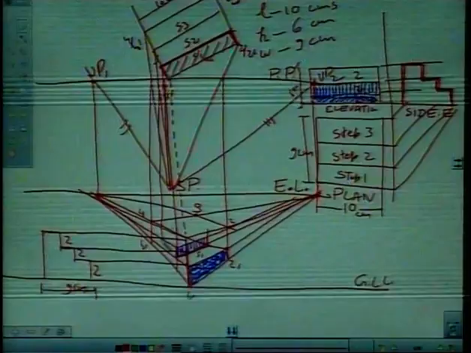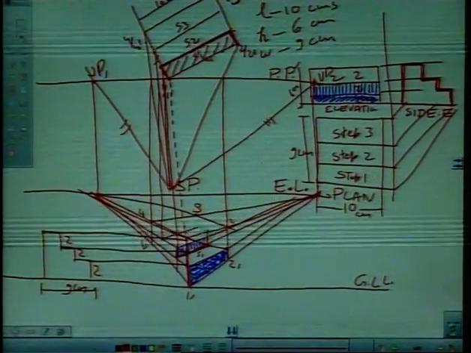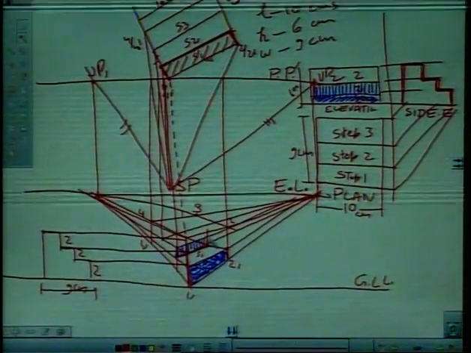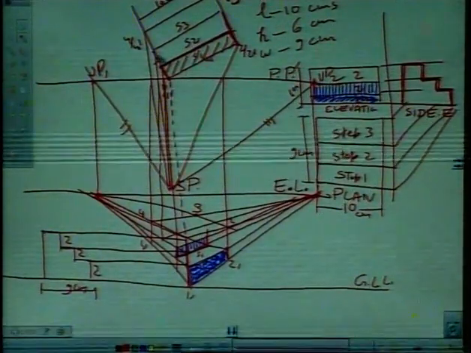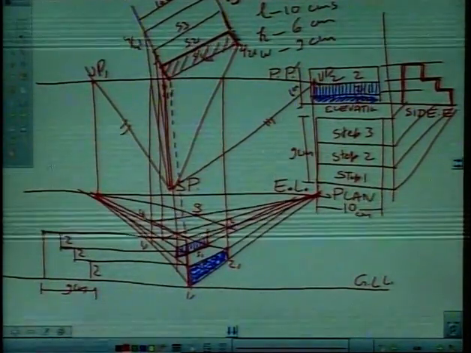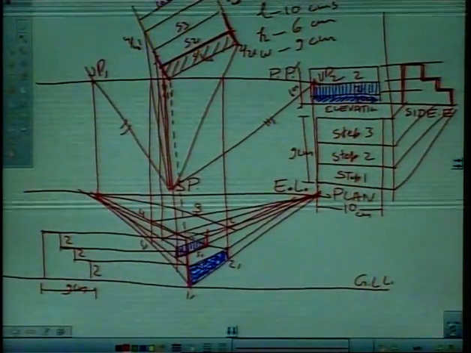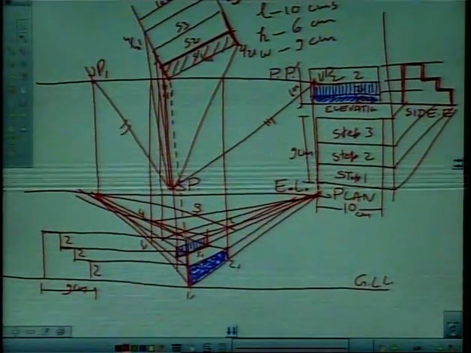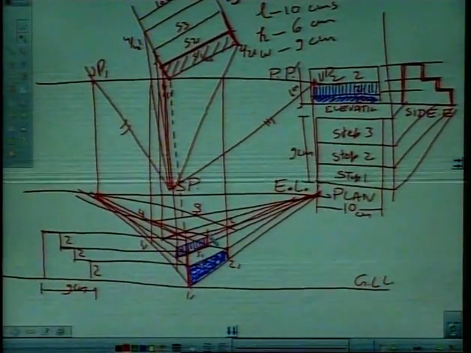Right? From here, I can vanish, and from this point, I can get this line. This line is again parallel to this line, so it will vanish at this left point. So I will draw a line like this. So, this gives me my second step, right.